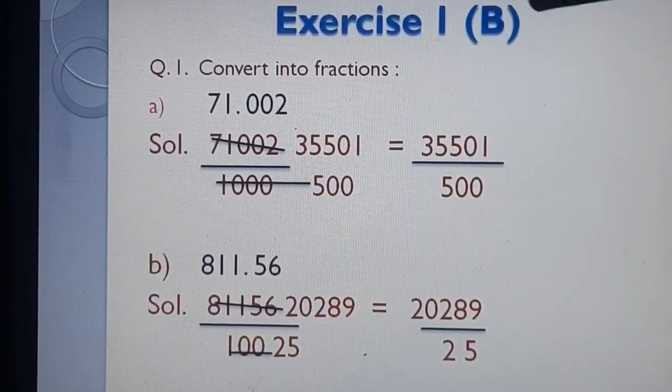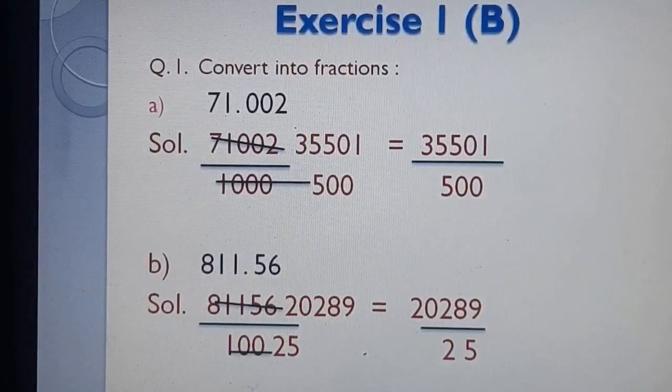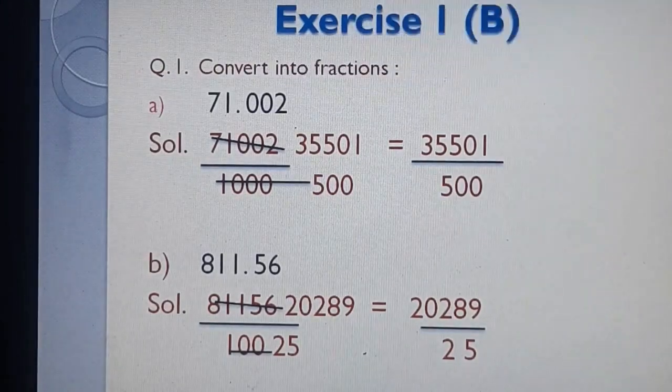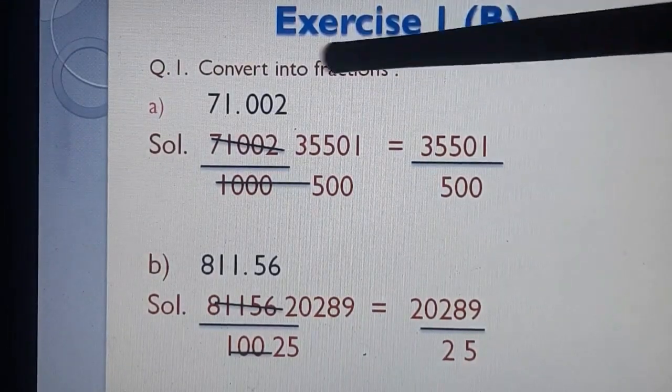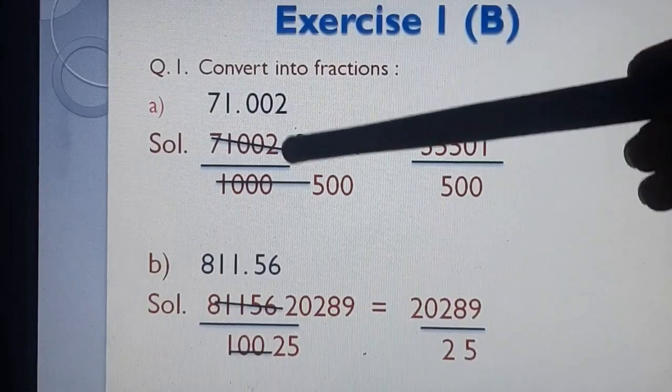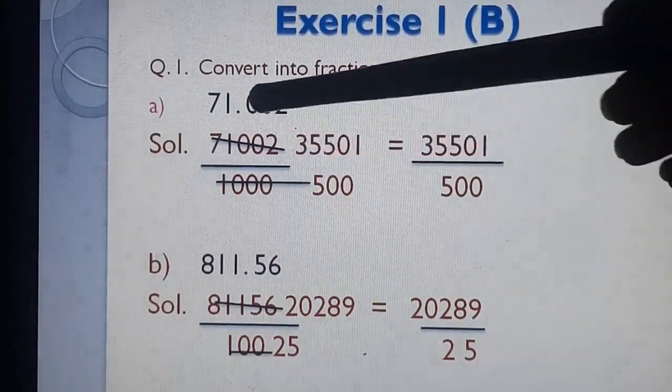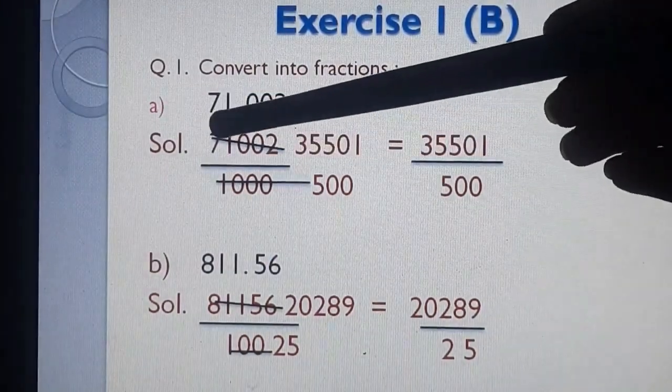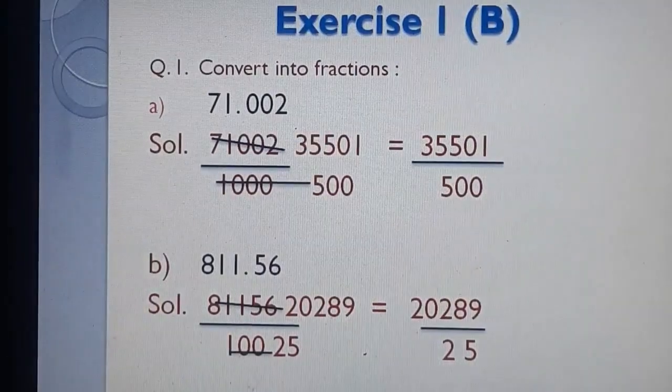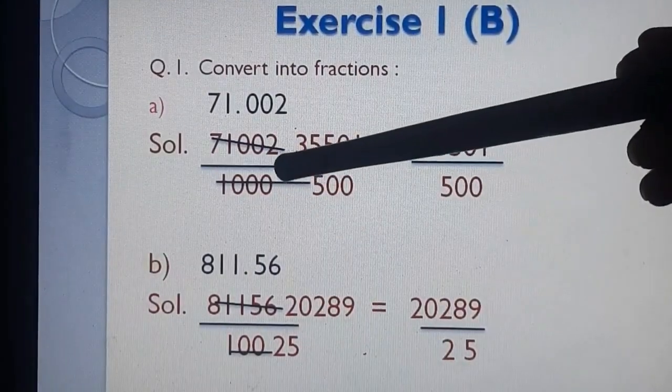Let's start now exercise 1b, question number 1. Convert into fractions. A part, 71.002. To write this decimal into a fraction, first of all we will write down the number without the decimal, 71002, and then we will draw the bar.